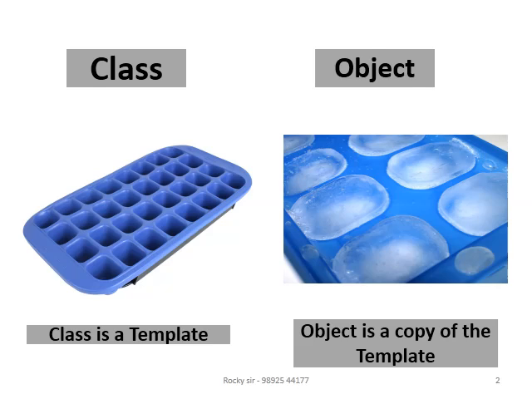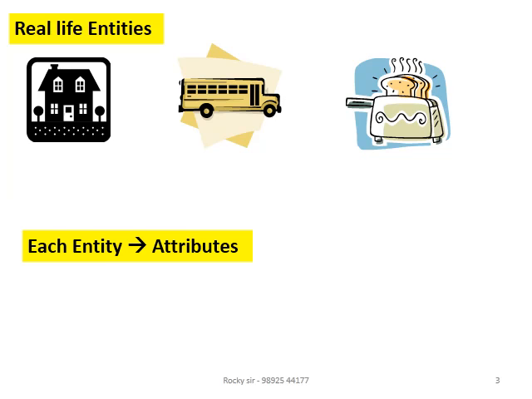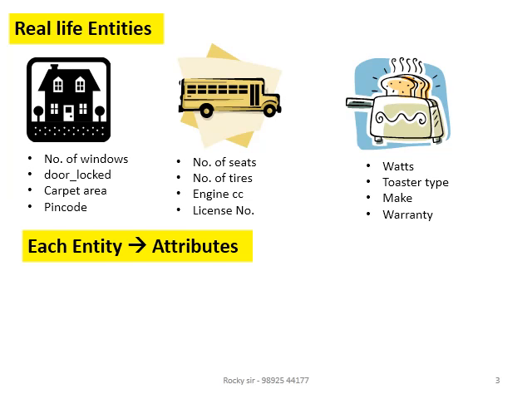We move further. I see some real life pictures, a house, a bus and a toaster. All of them would definitely have some characteristics or some properties or some attributes. Let's have a look. Now, each entity is having some attributes.